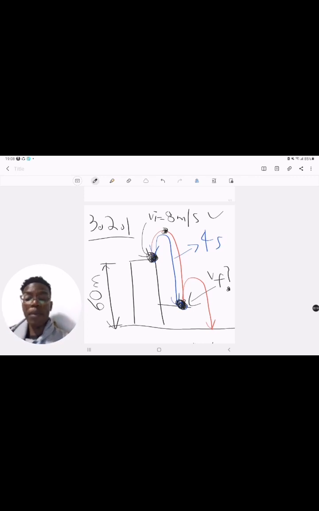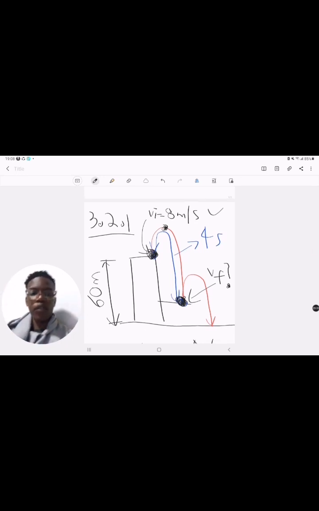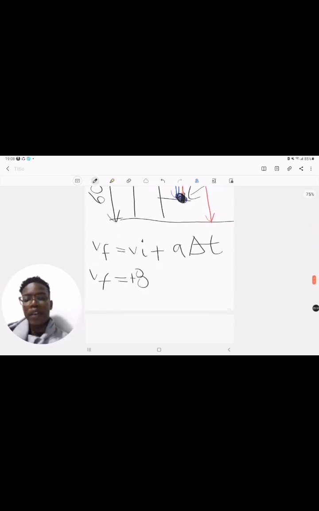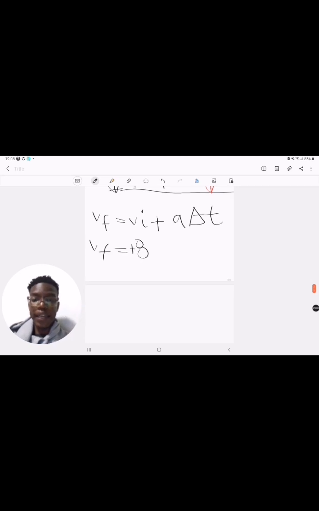From the first video, remember what your vectors are. Your velocity is a vector, your displacement is a vector, your acceleration is a vector. Always put your sign in for your vector, okay? Downwards is negative, upwards is positive. Do not forget that. So you've got plus 8, 8 in the upwards direction, that's why I put the plus sign there. Plus, now you've got your acceleration.